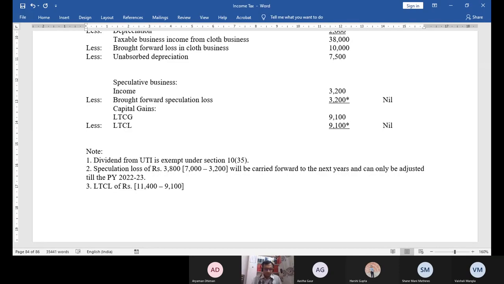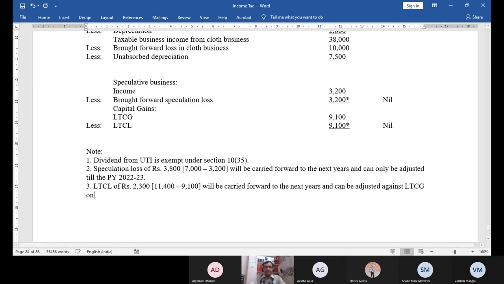So the difference is 2,300, to be carried forward to the next years. It can be adjusted against LTCG only, till the previous year.